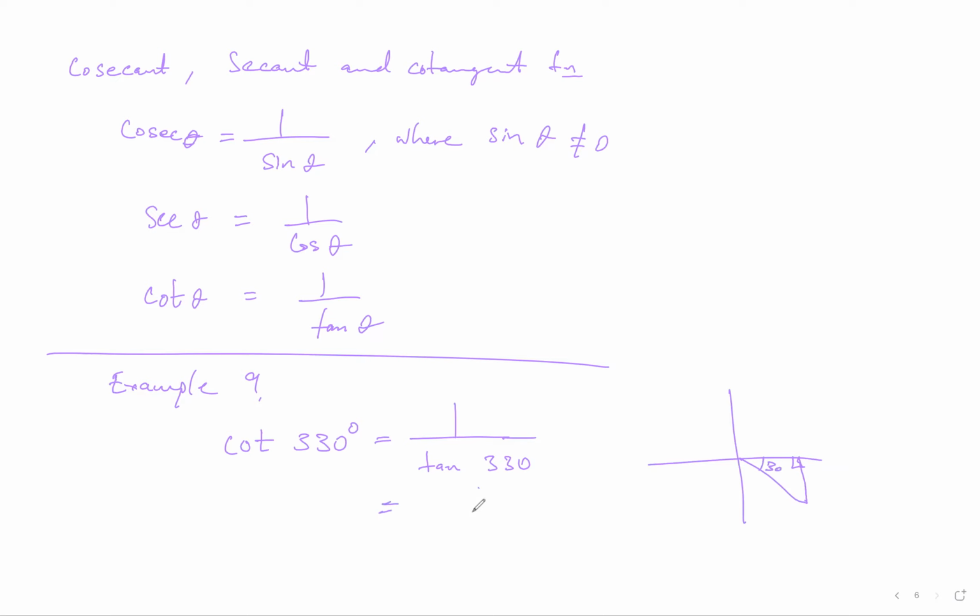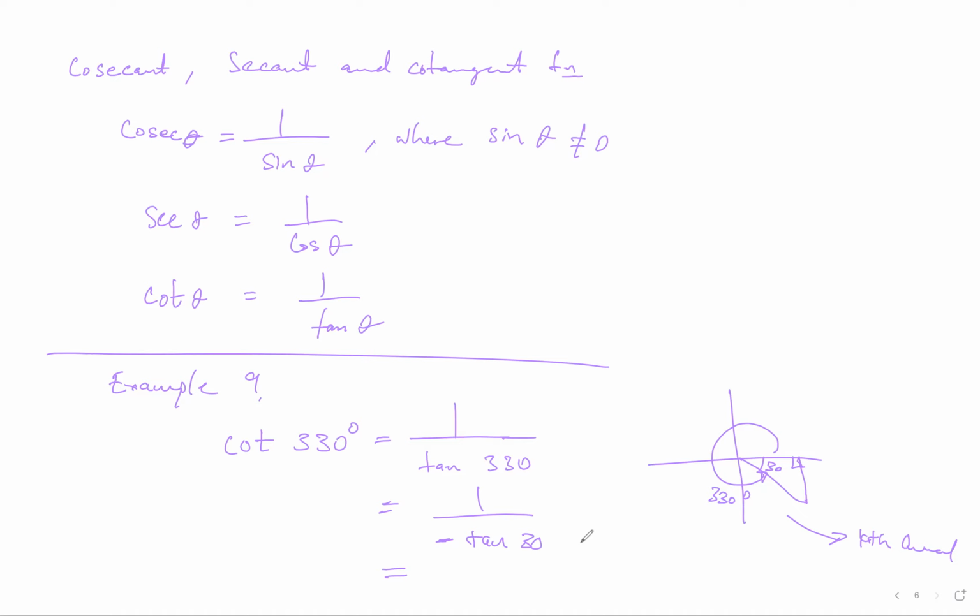You already know that it will become tangent 30, because this is 330. So alpha is 30, your basic angle. But because it is in the fourth quadrant, only cosine is positive. So this one must be negative. That's the only thing that you need to do over here.